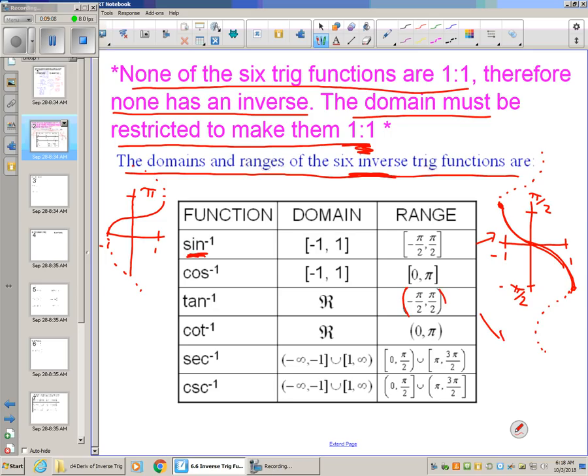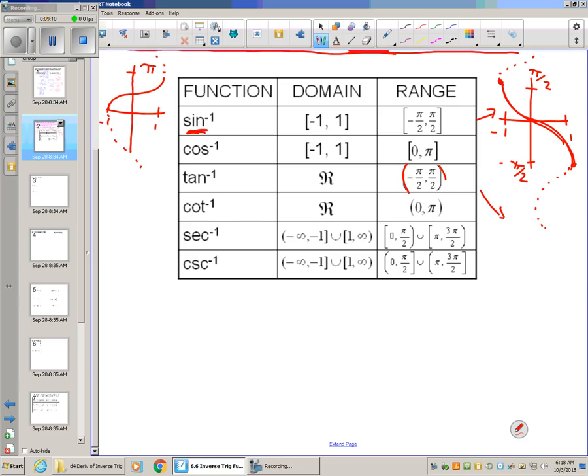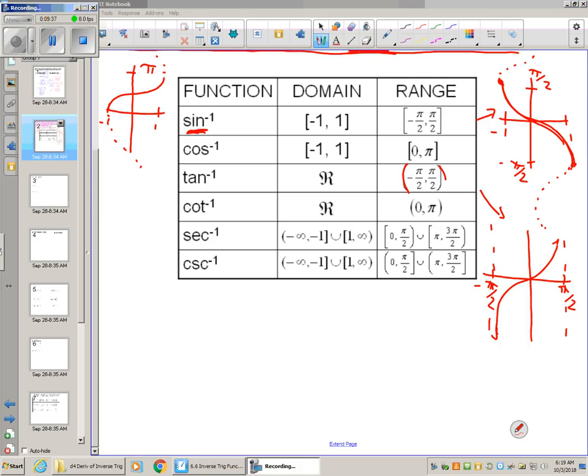Because remember, the graph of tan has asymptotes at those points. So we have the graph looking something like this. That's what the graph of tan would look like.